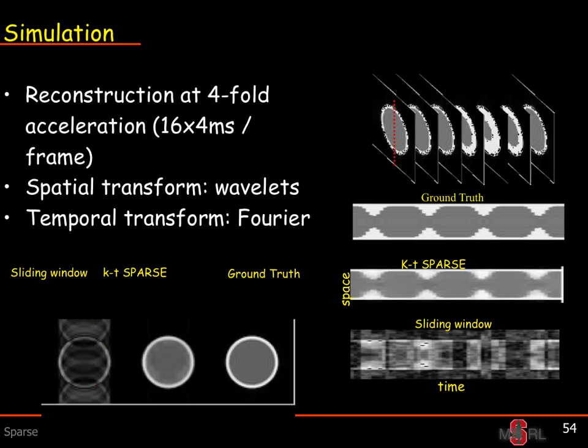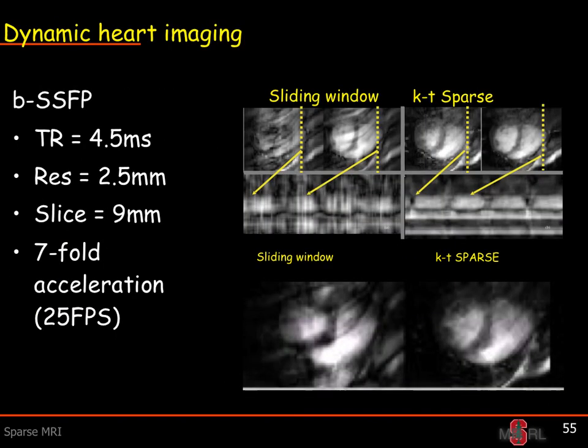The sliding window is just taking a certain amount of k-space data and accruing it into each image, and just moving that window along through time. And if you do this KT sparse approach, then you can reconstruct something that's very close to the ground truth.